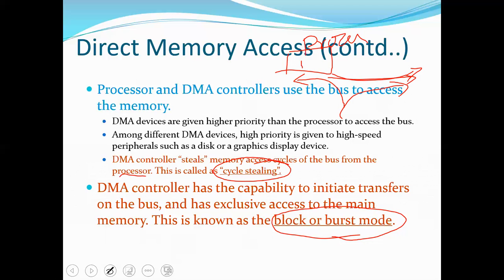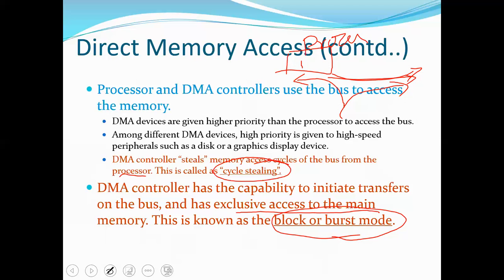Whereas in block or burst mode, control is given back to the processor only after the transfer of the whole data between the memory and the input output devices is done. It initiates the transfer on the bus with exclusive access of memory.